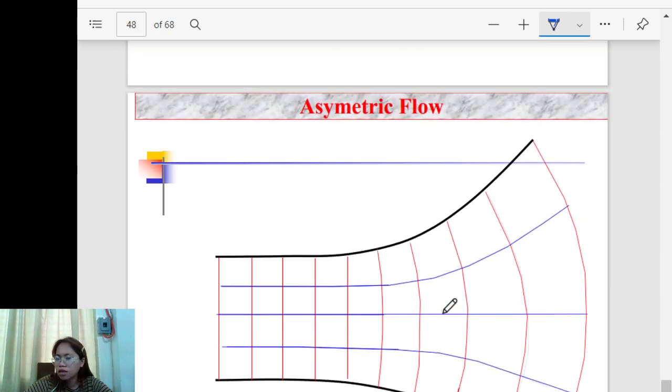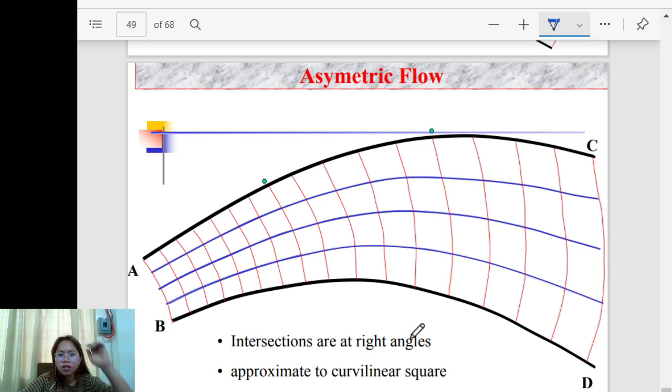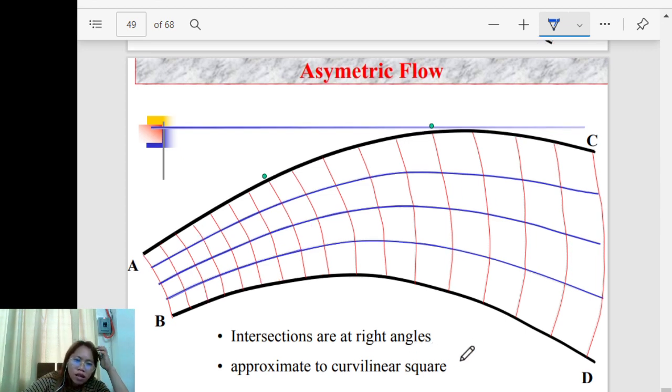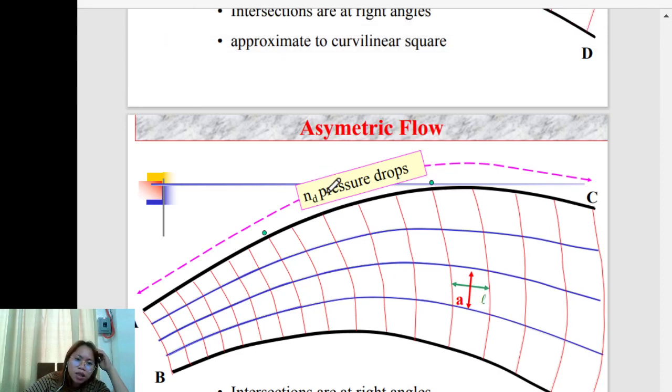So this is the axisymmetric flow. The intersections are at right angles, no? And approximate to curvilinear square intersections. We have N sub D, or number of pressure drops.